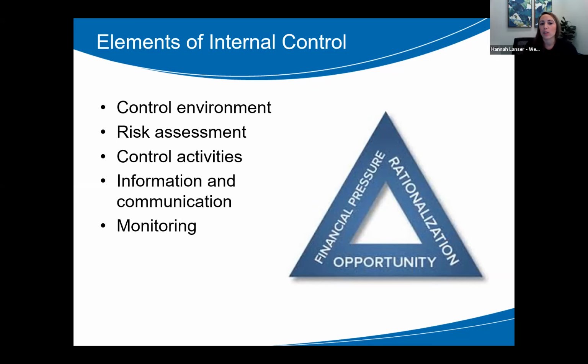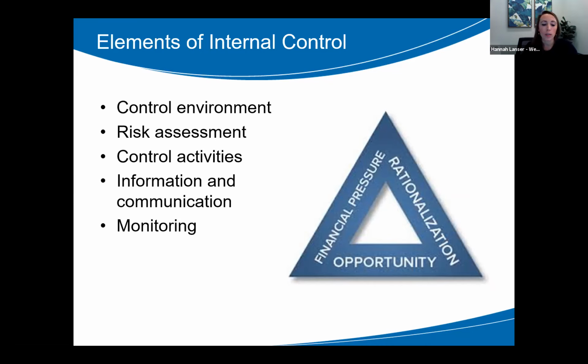The control environment itself is basically your leadership, your mission, your goals. What is your commitment as an organization to integrity? What's the tone at the top? Is there a culture that values internal controls? Things like that.